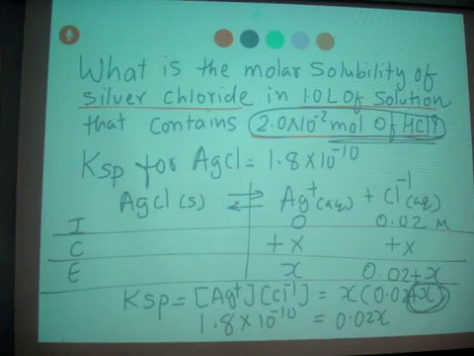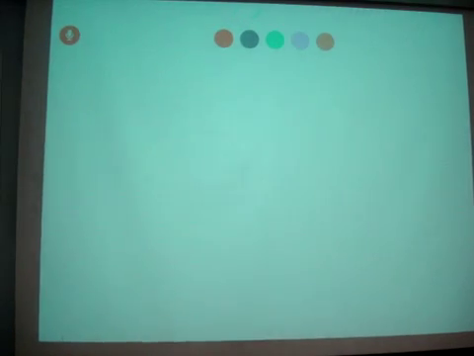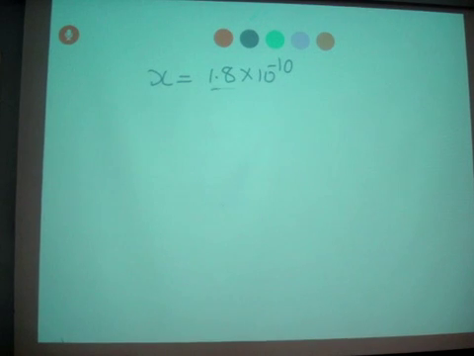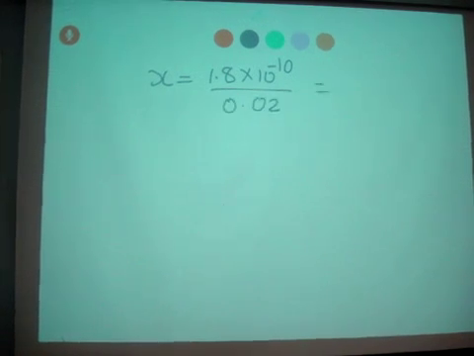So let's go to the next slide. We have x when we find 1.8 times 10 to the negative 10 divided by 0.02. And we solve for the x value, which is 9.0 times 10 to the negative 9 molar.